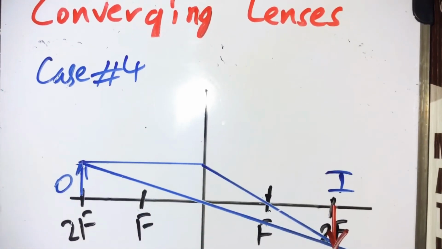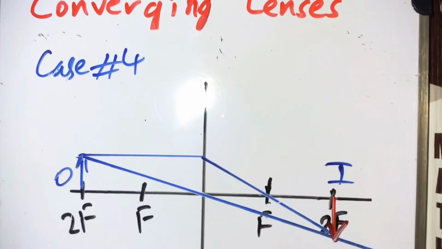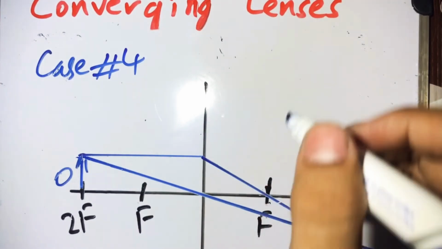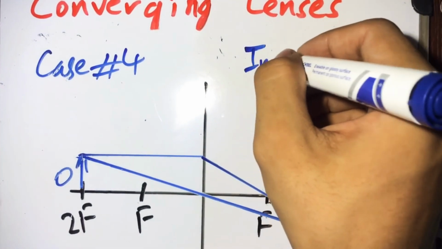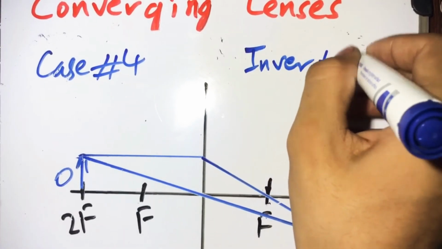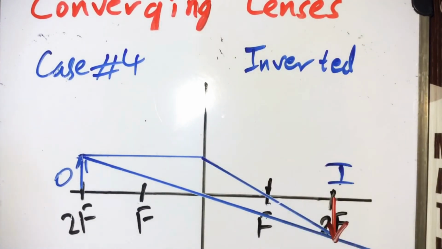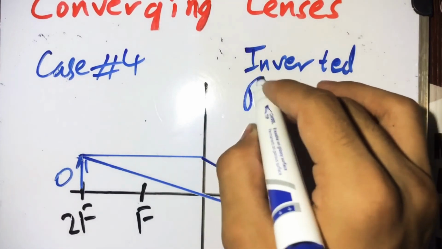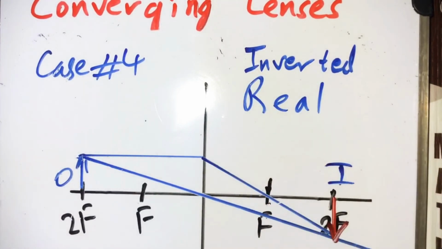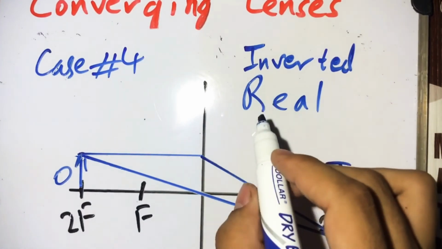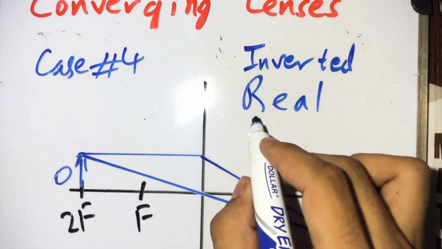In this case, the image is inverted, and since it is on the opposite side of the lens as the object, it is a real image, and it is the same size as the object.